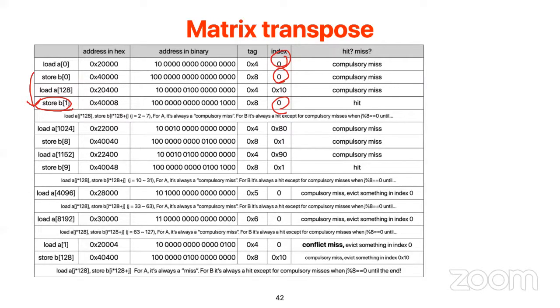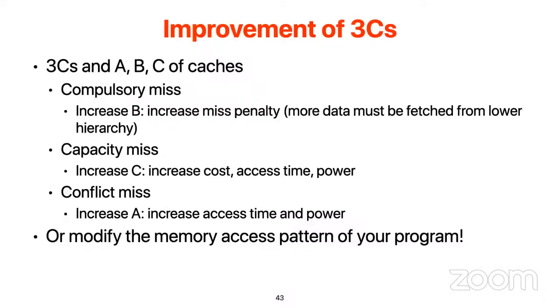The only type of miss that you will see in B will be compulsory misses, because once the block is fetched, it will be used until everything is retired, or doesn't need to be used anymore in this piece of code. So you can imagine for A, everything is a miss. For B, only compulsory misses. So that's how we got the final result for this matrix transpose question.